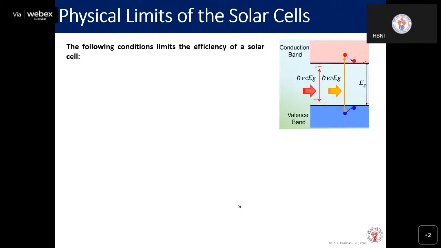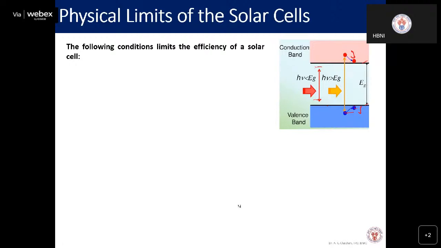Similarly, this hole which was here will also immediately come down to the top of the valence band. When the electron comes from this place to this place, this energy difference goes in the form of heat. Similarly here also, this much energy is lost, generally in the form of heat. So this much energy is again lost.